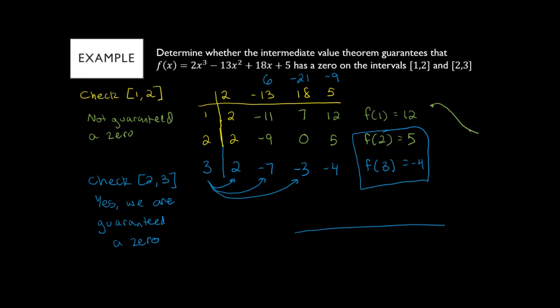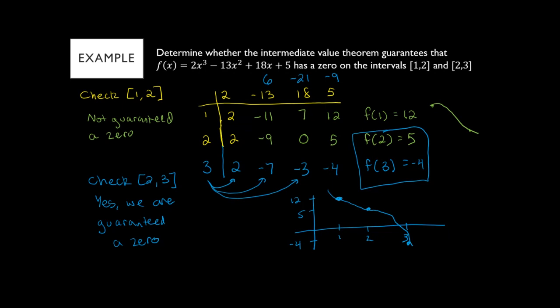So I can even use this to kind of sketch. This is, you know, not to scale by any means. Definitely not to scale. But basically what we found is that we have an ordered pair 1, 12. And then at 2, we were at 5. And then 3, we were at -4. And so presumably, that was a really bad connection there.